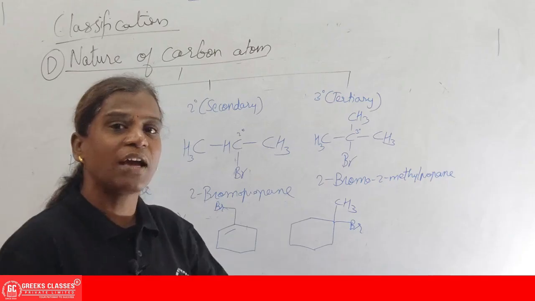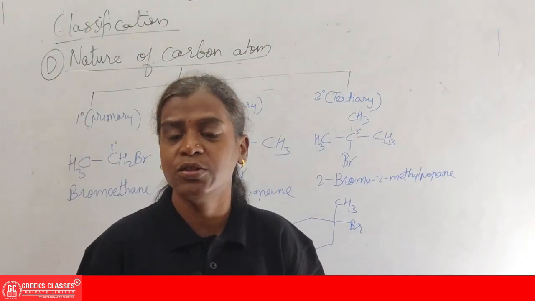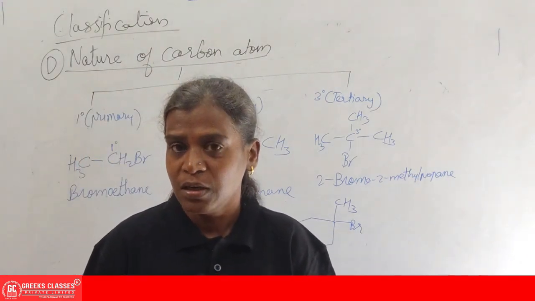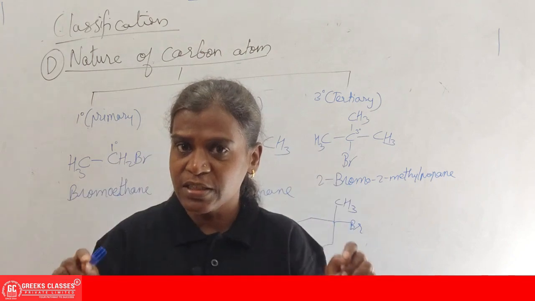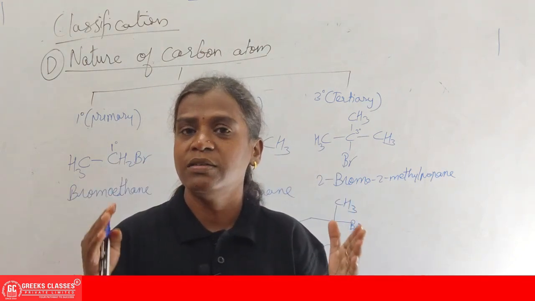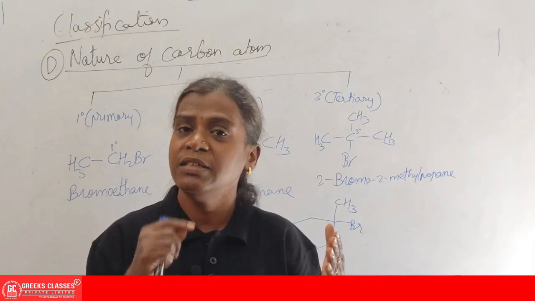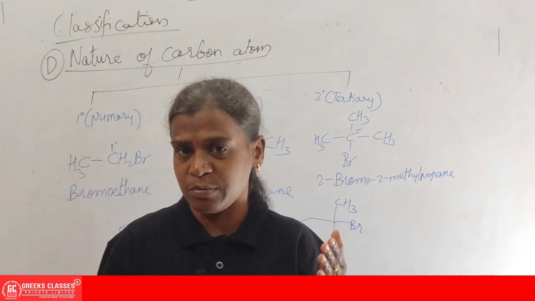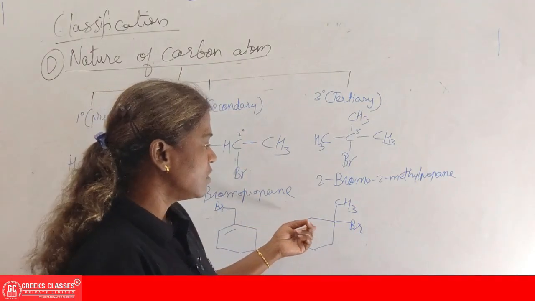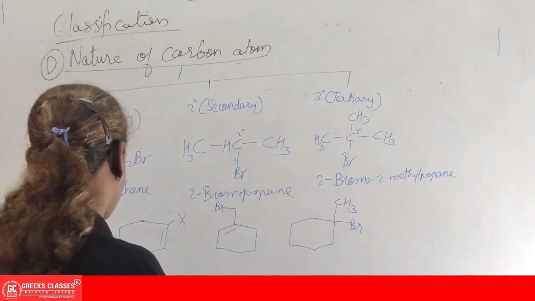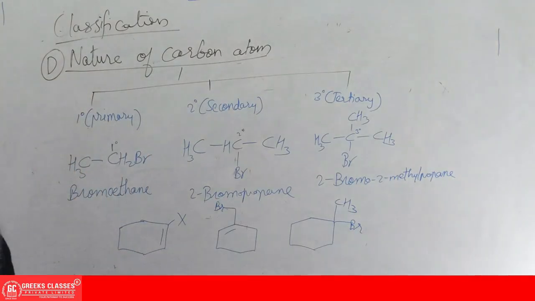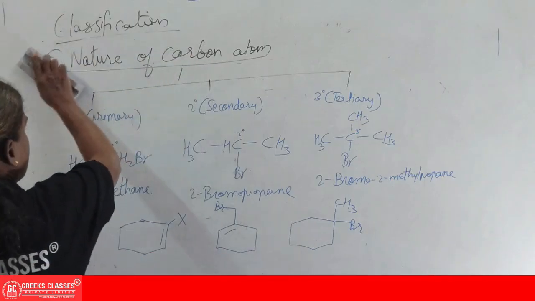But in the other case, the cyclic system is not directly attached to bromine, but rather indirectly bonded through one carbon. So it is a nuclear system.